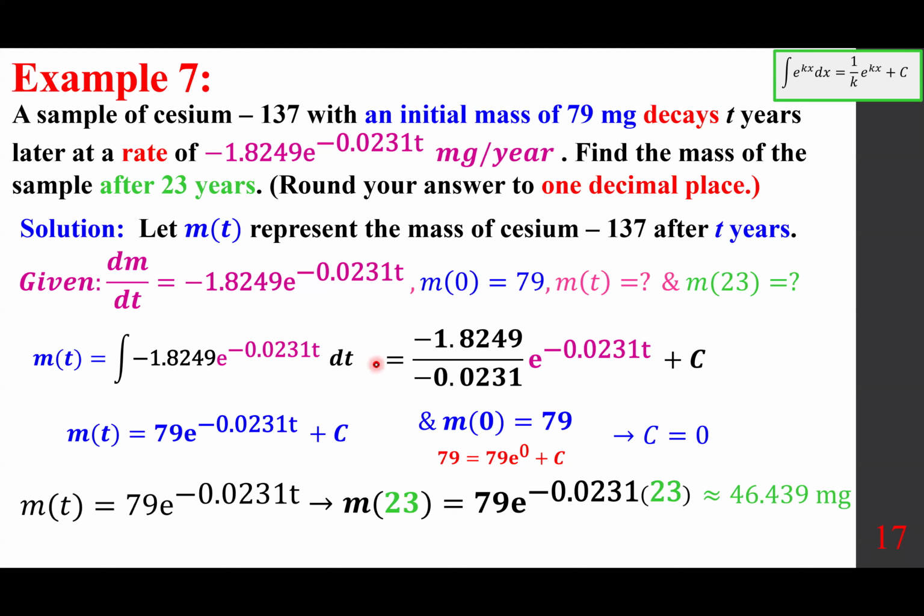The last one, you can round accordingly. They're asking for one decimal, 46.4. The next digit is 3, so it remains unchanged, 46.4 milligrams, which means after 23 years, according to this formula that is given, 79 milligrams decays to 46.4. It's a radioactive substance, everybody.